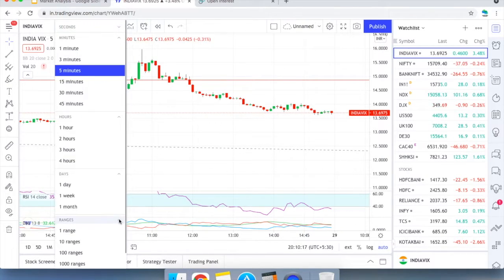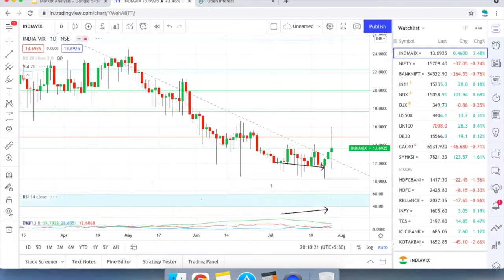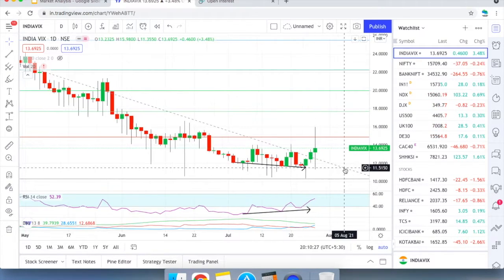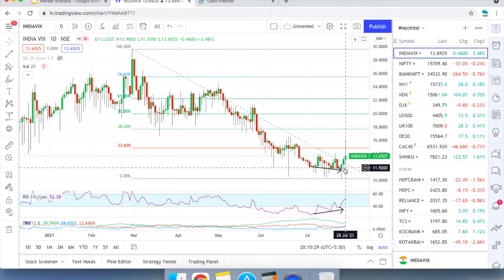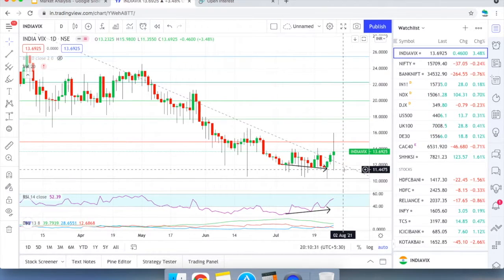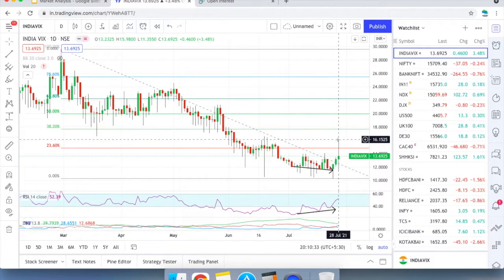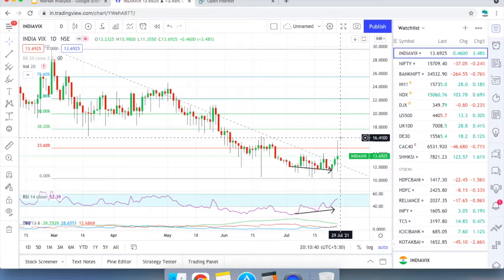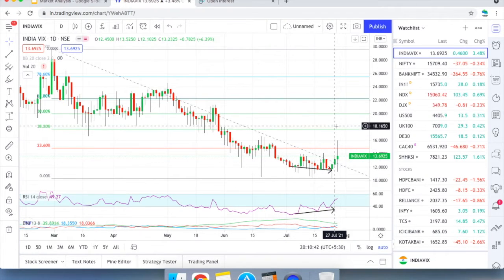As long as it's not falling down again, there is a shift in the VIX range now. Although this VIX is not a tradable thing, I just put some fib retracement to see. So it looks like the VIX has shifted and is trending upwards.